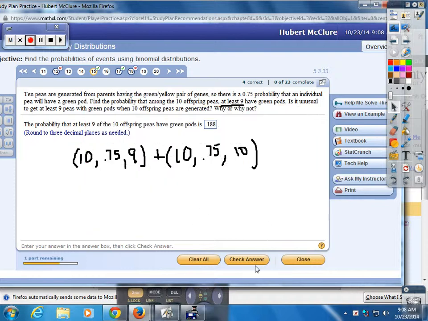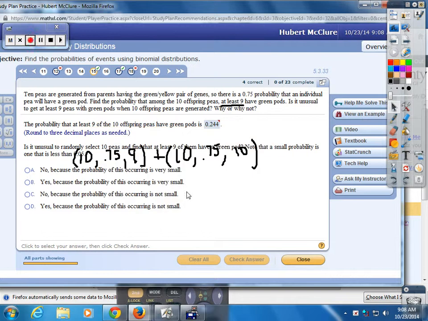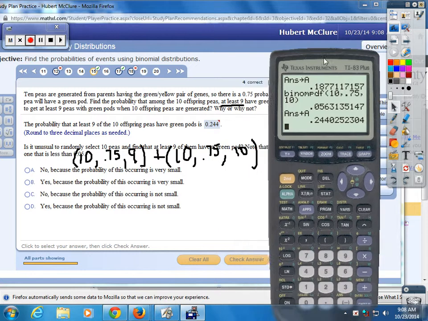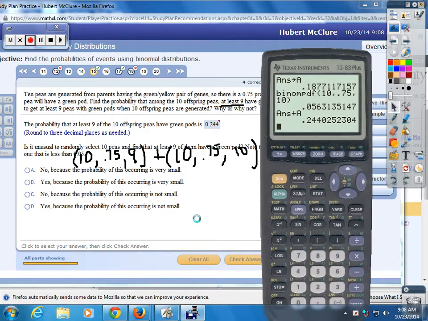Okay. It's asking for both of them, because that's what I get. Didn't I get that? 0.244? Yeah. Okay. And then, is this unusual? Well, again, go back to your 5%. 5% is unusual. So what is this one? 24%. So it's normal, isn't it?